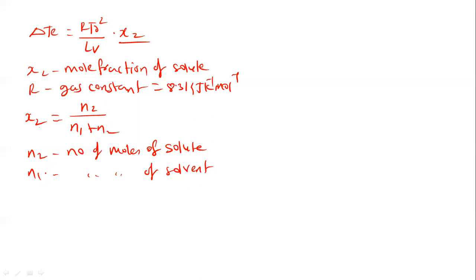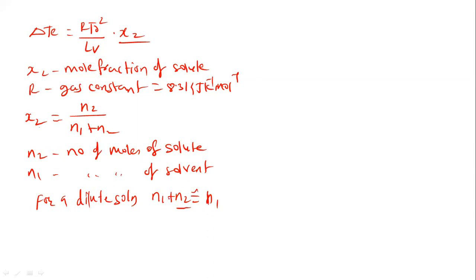Okay. Now once again, for a dilute solution, if the solution is very dilute, then we can write N1 plus N2 approximately equal to N1, because as the solution is very dilute, number of moles of the solute are very less, negligible, and number of moles of the solvent are higher.